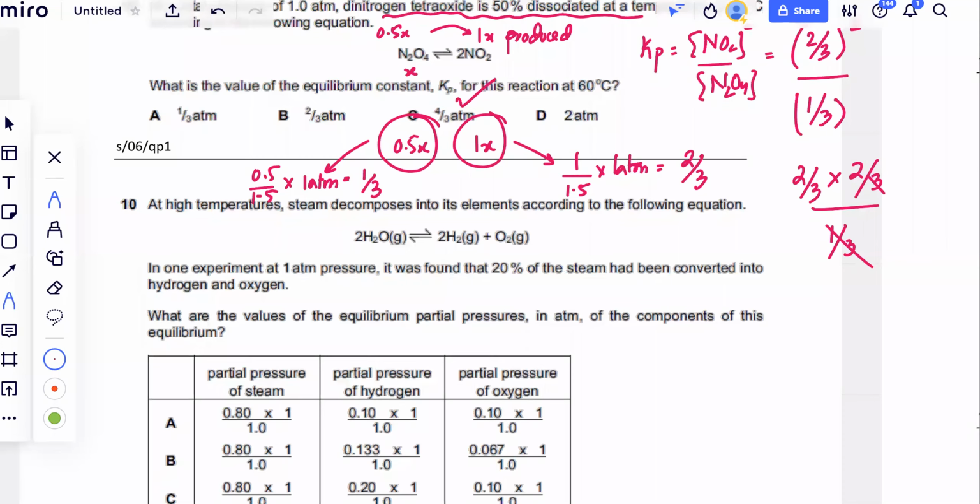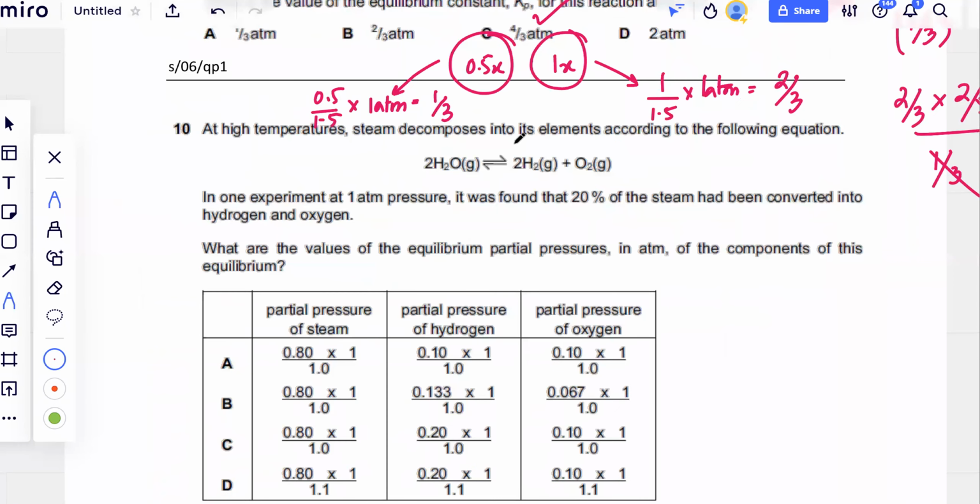Similar question. Over here, you've got 20% of steam that's dissociating. So you start off with x moles. 20% of the steam had been converted into hydrogen and oxygen. So 20% of this is reacting. So you're left with how much? 80%, so that's 0.8x.